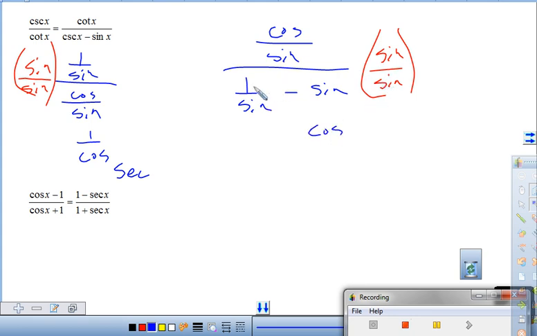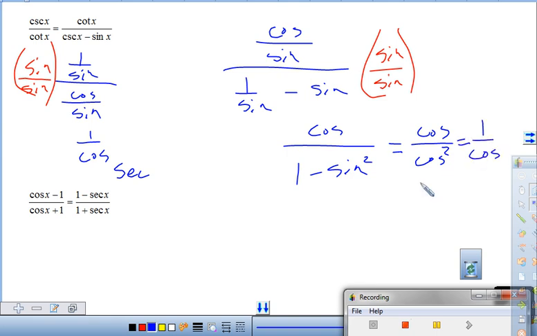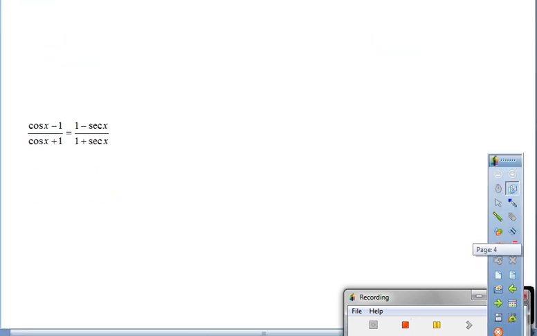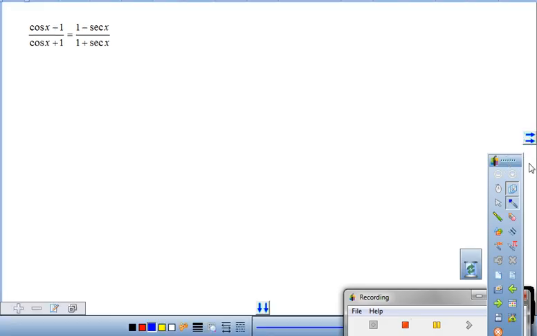That will be 1 times sine, which is sine over sine, or 1, minus sine squared. And if you look at your Pythagorean identities, again, I have a constant of 1 and a sine squared, so I'm looking at cosine squared. Reduce here, and you'll get 1 over cosine, which again is then the secant. And since I was able to change the left-hand side independent of the right-hand side and both to secant, I've verified or proven that those two are identities.